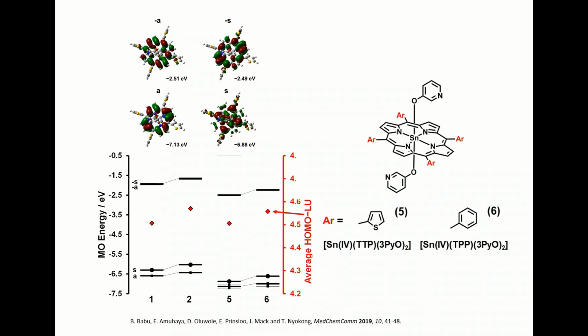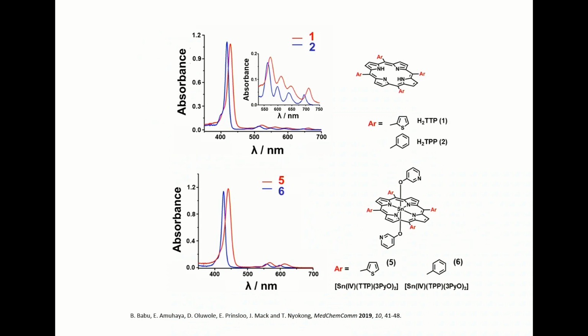And at that point, you get a stronger mesomeric interaction with the porphyrin pi system. And through the effect that has in the frontier molecular orbitals, you can redshift the spectral band further into the phototherapeutic window. So we get to be on the edge of the phototherapeutic window.